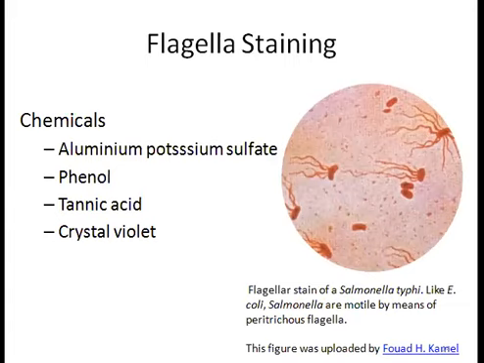To observe them with the light microscope, the thickness of flagella is increased by coating them with mordants like tannic acid and aluminium potassium sulfate, and then staining with crystal violet or basic fuchsin, also called the Gray method.